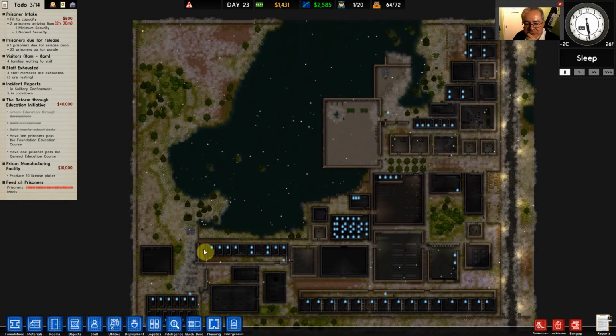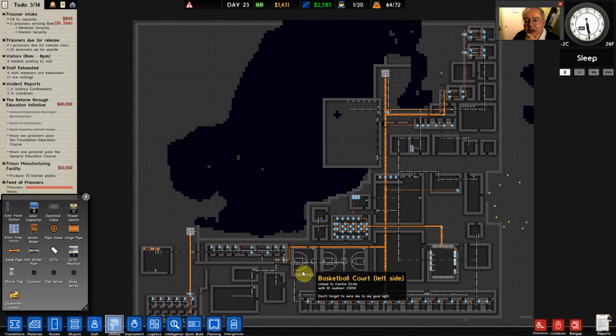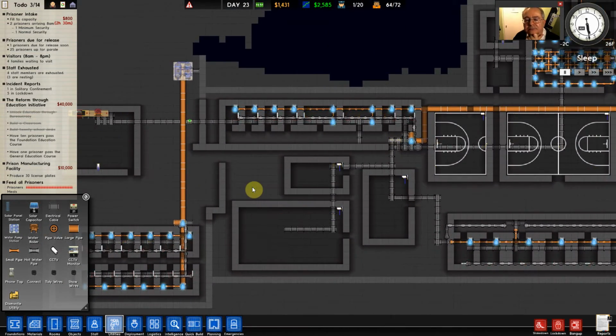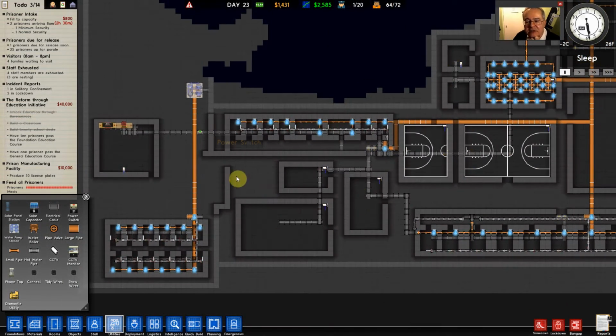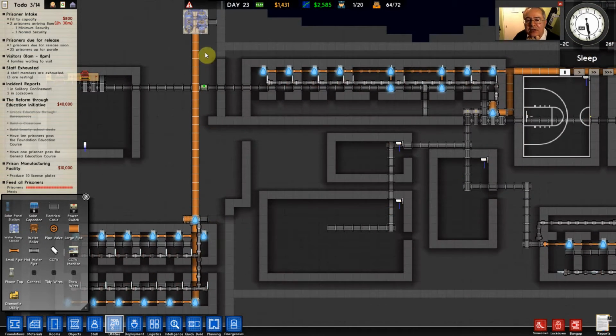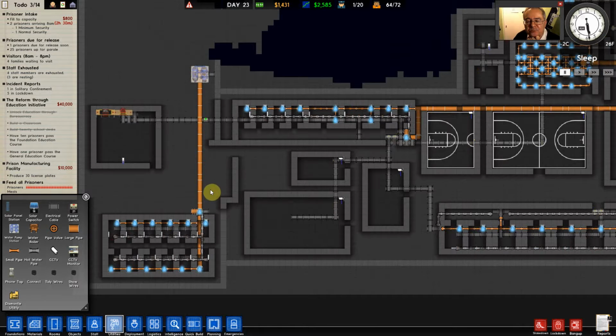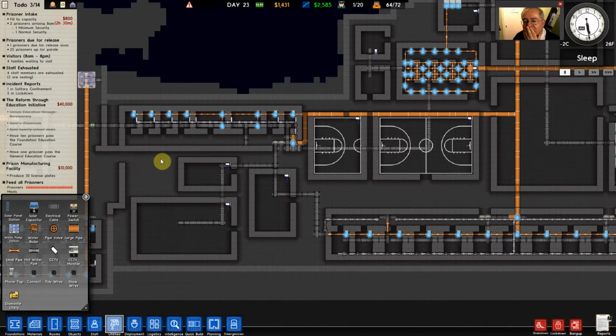Have a look. Utilities. If I put some switches in, there's a switch there already. Why is there no... Oh, is there an electrical... Maybe there's an electrical cable under here as well. Okay. I can supply power to the workshop, I suppose.